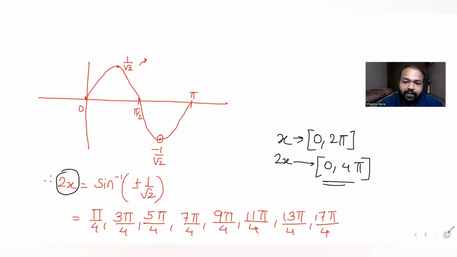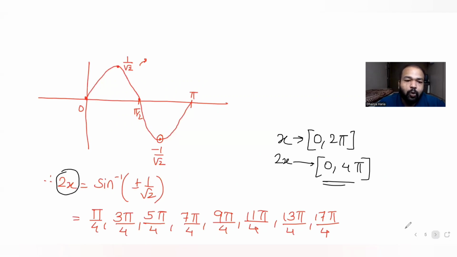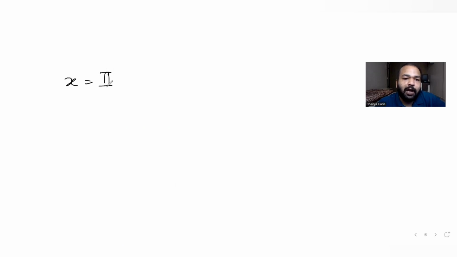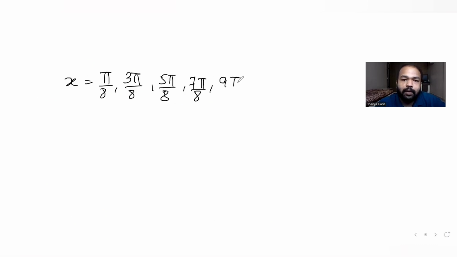If I divide by 2 to get x, on the right hand side your angles also get divided. So you have pi by 8, 3 pi by 8, 5 pi by 8, 7 pi by 8, 9 pi by 8, 11 pi by 8, 15 pi by 8.